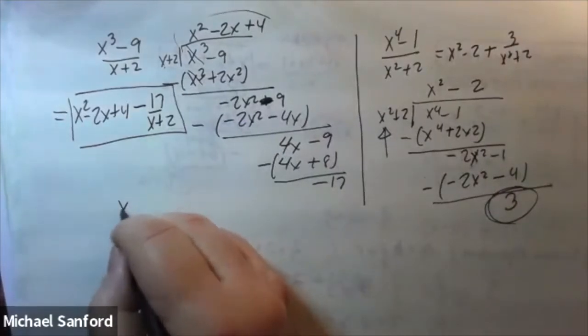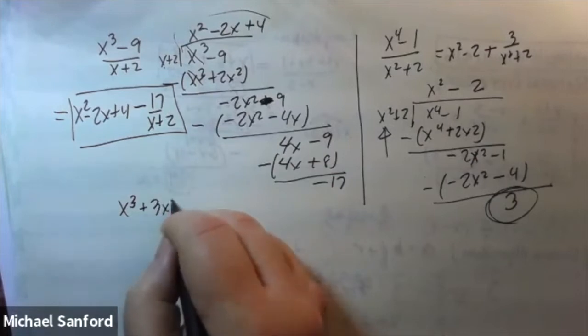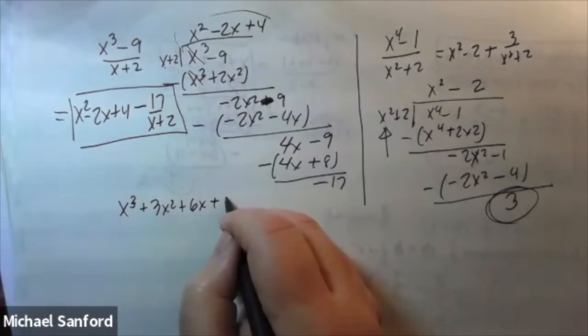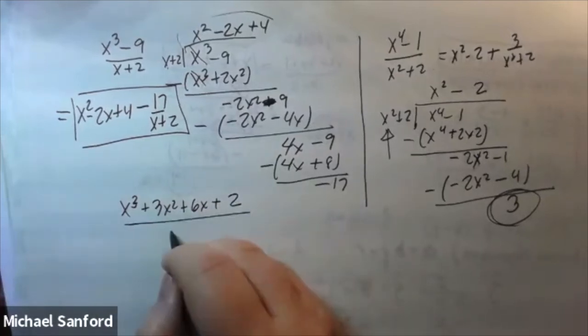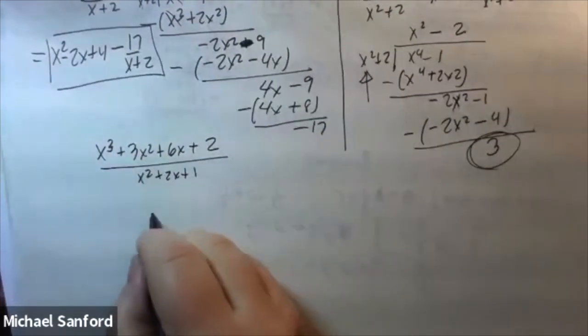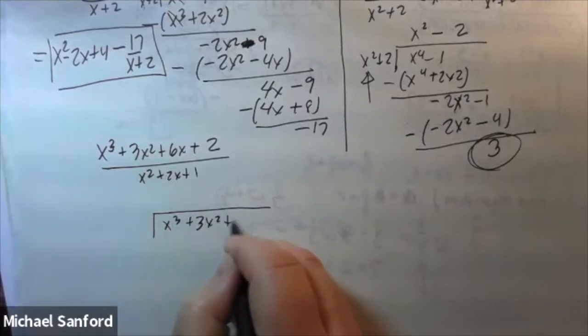So say I have x cubed plus 3x squared plus 6x plus 2 divided by, say, x squared plus 2x plus 1, like this. All right, so I don't know what this is, but we'll try it.